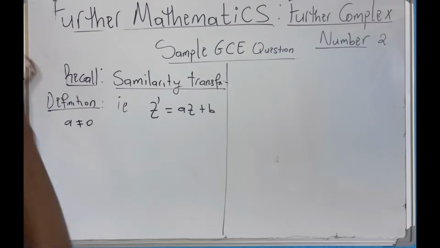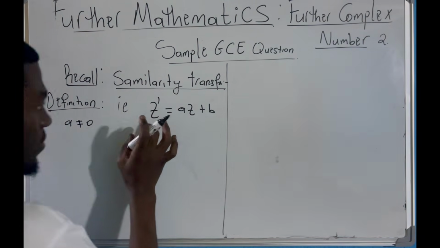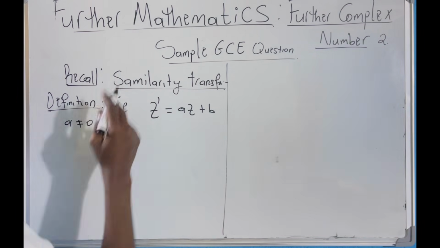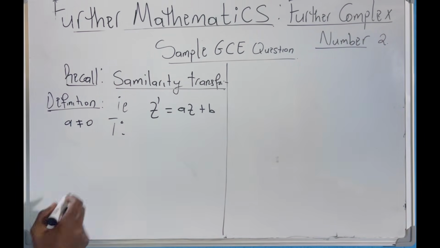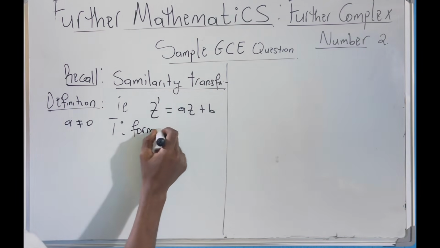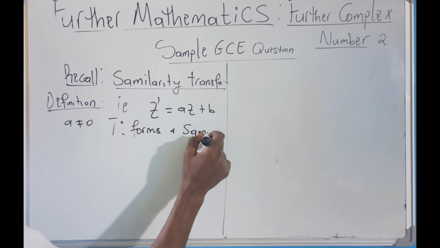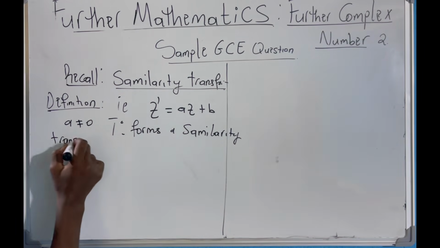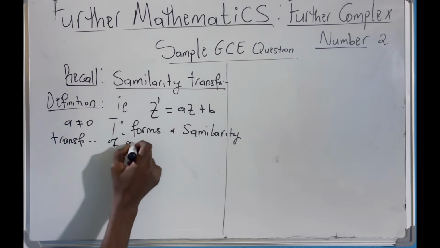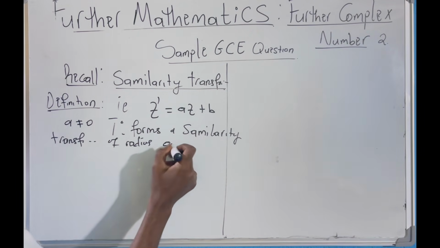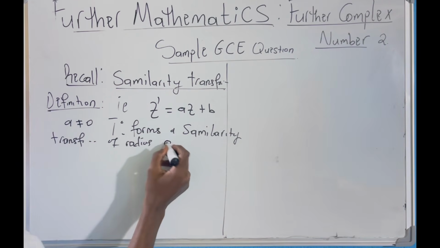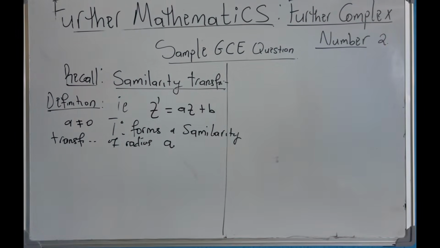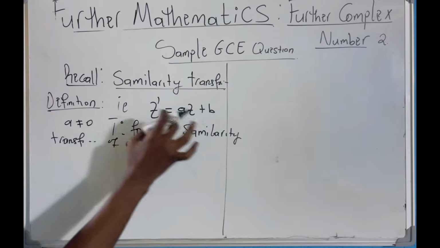The transformation T described by this equation forms a similarity transformation, or similitude, of radius a. So that is what you should know: any complex number written in this form forms a similarity transformation of radius a.